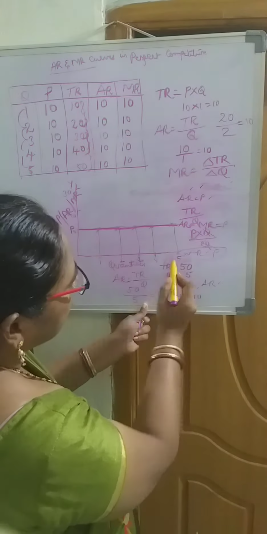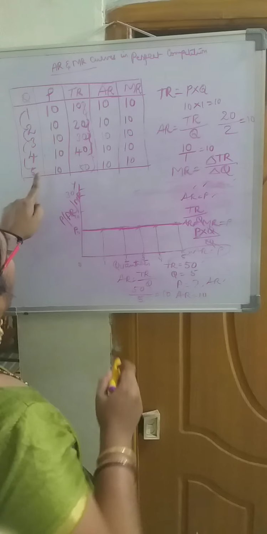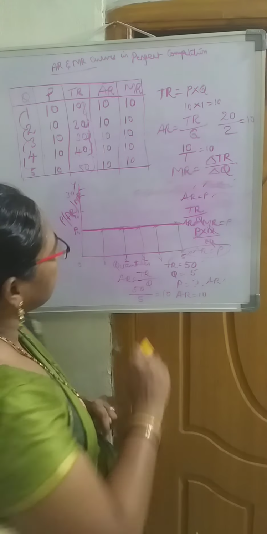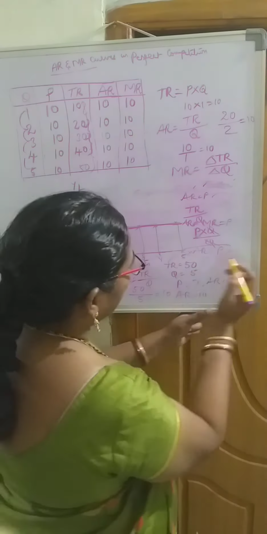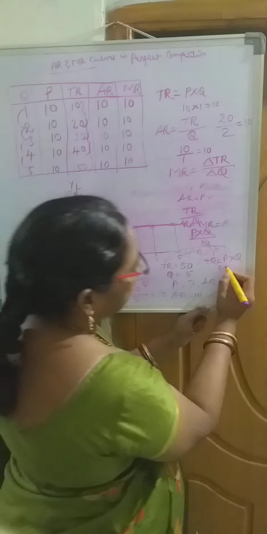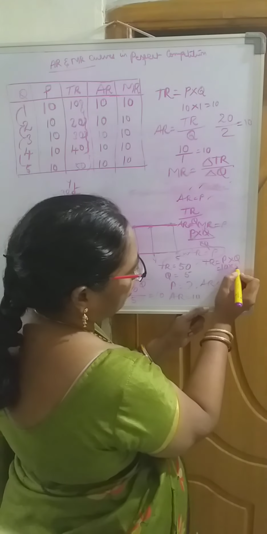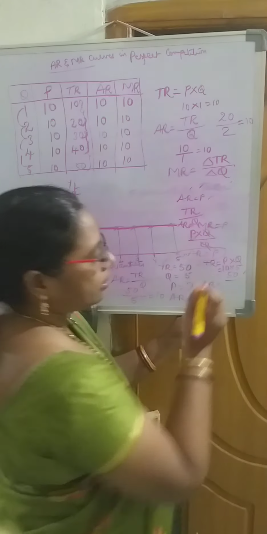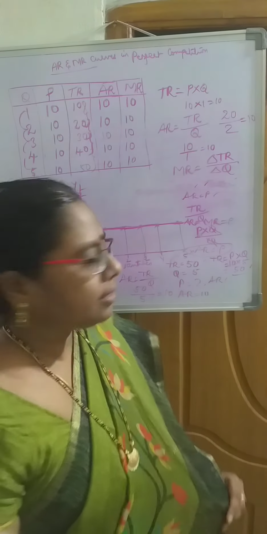Then how did you get this 50? You tell me here, how did you get this 50? When Q is 5, price is 10. TR is equal to P into Q, where you took price as 10 and quantity as 5. So you got TR as 50.